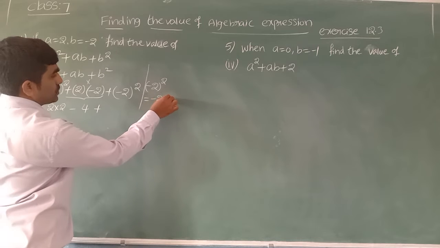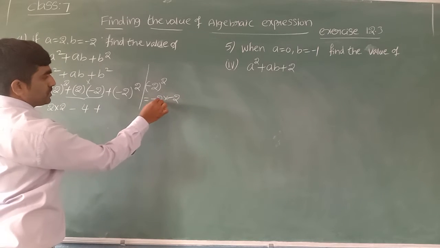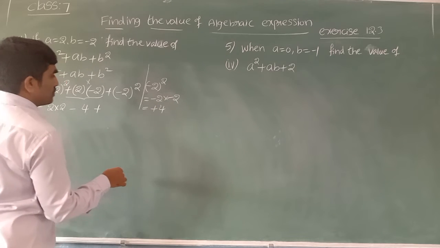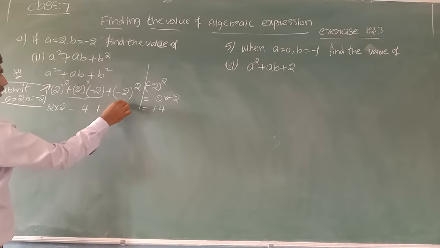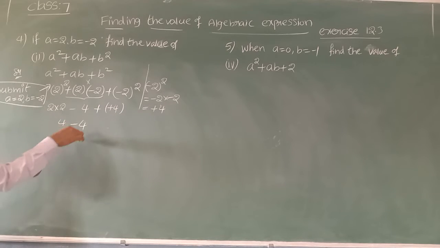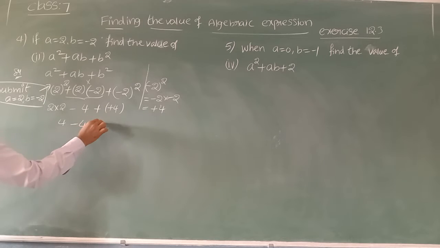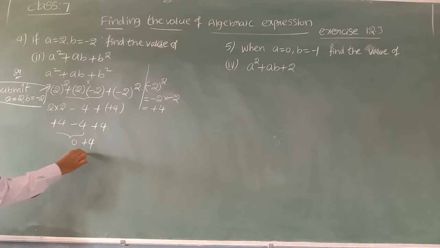We can write here minus 2 into minus 2. Multiply, minus into minus, plus 2 into 2 is 4. So minus 2 whole power 2, what is the result? It is plus 4, in bracket we can write. Now see, 2 into 2 is 4, minus 4, plus into plus 4. You can see here plus 4 minus 4, both how much? 0. Plus 4, 0 plus 4, how much? Plus 4. So you can find the value of this.